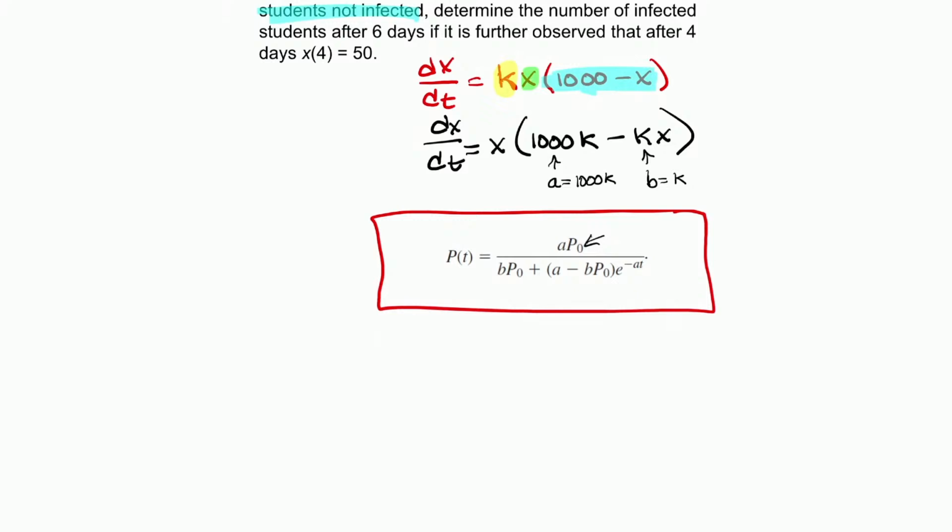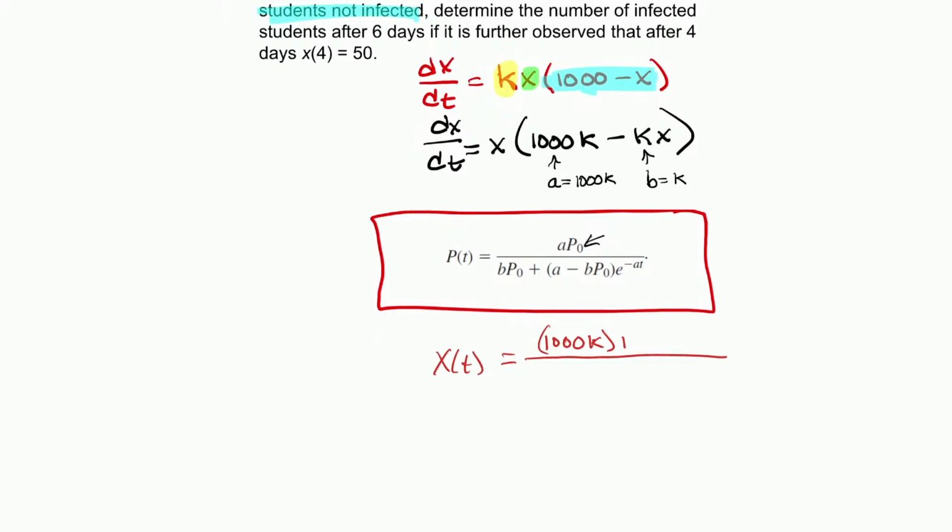So let's go ahead and get our solution. The solution is going to be x of t, not p of t. That's okay. A is 1000k times p0. P0 is 1, that one kid that showed up sick.